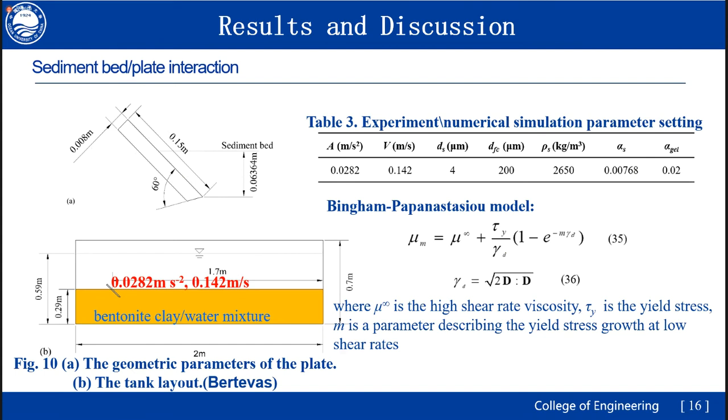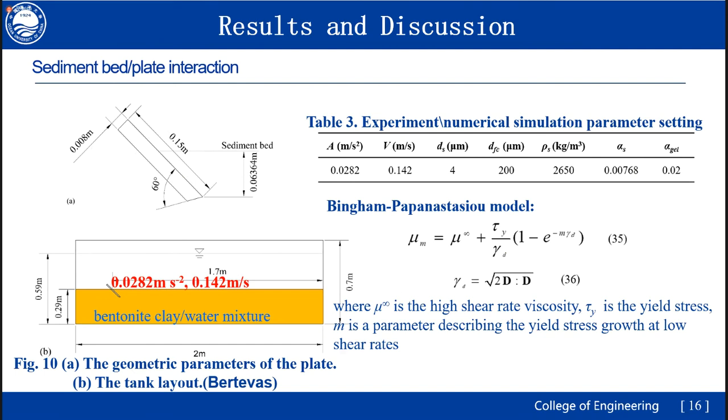The upper layer is clear water, the length is 1.7 meters, and the total height of the tank is 0.7 meters. We keep the same parameters as the waterways.